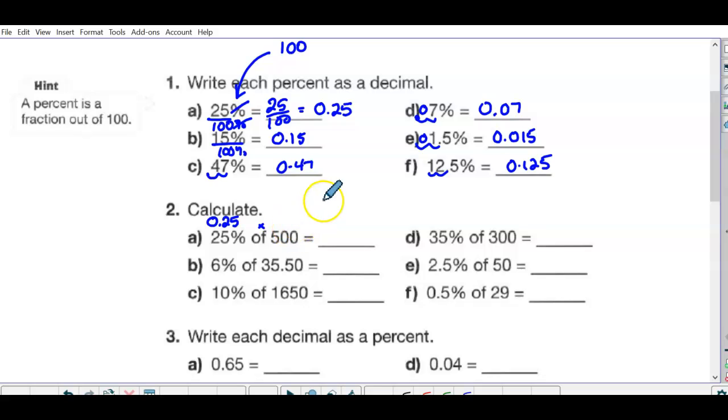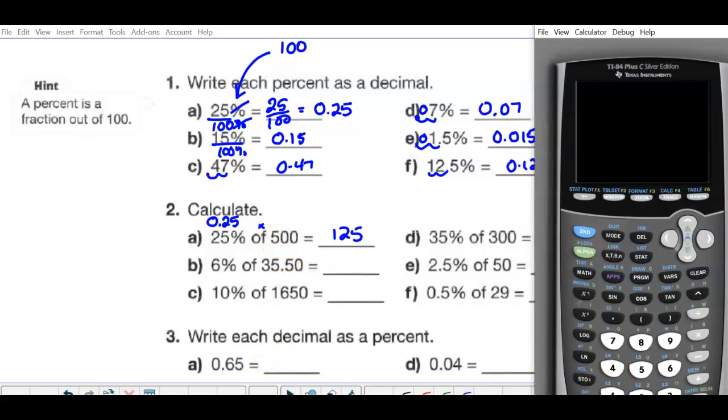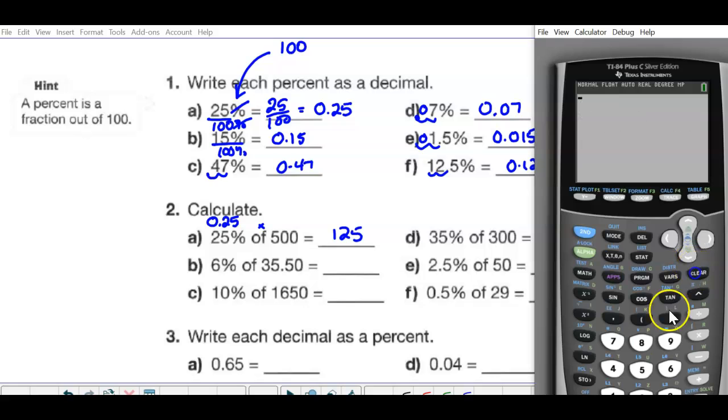So 25 times 5 is 125. So I can actually figure that out without a calculator. If you want to use a calculator, then you would enter 0.25 times 500. If you're not sure what the percent is as a decimal, then go 25 divided by 100. Okay, and then multiply by 500 all at once, you get the same thing.